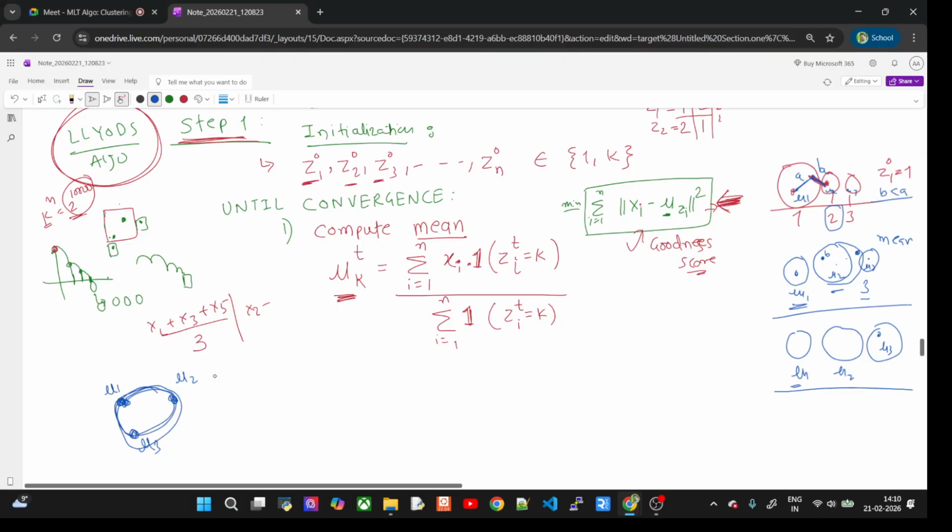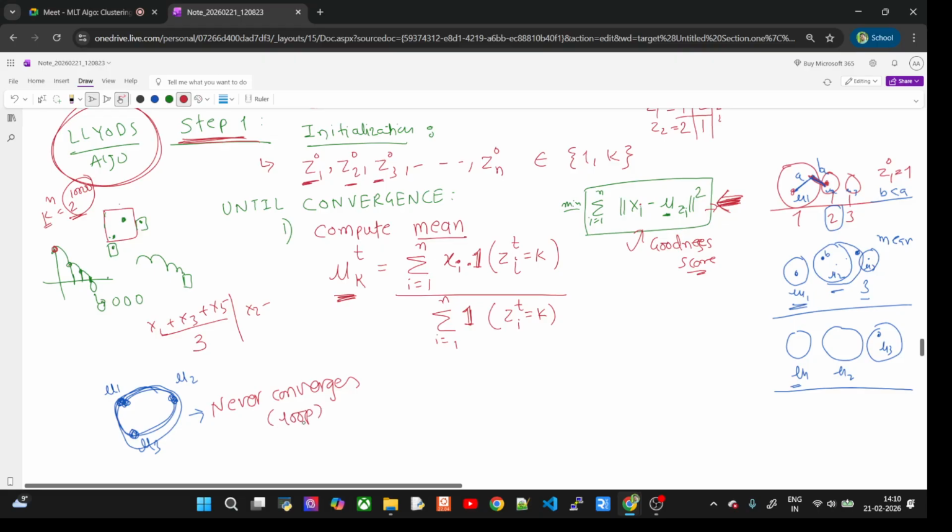You are not happy at any stage, you are just simply jumping from mu1 to mu2, and it is now in a circle. So that kind of point has not converged. This point is not called a converged point. They never converge, they are always in a loop.